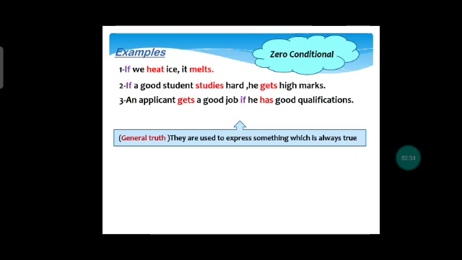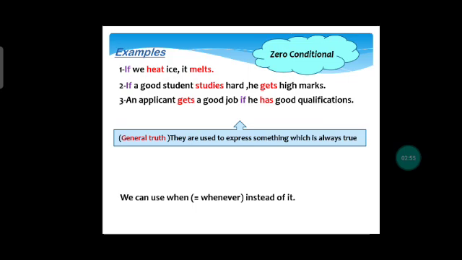As long as we talk about habit or permanent state, we use present simple tense in the if clause and the main clause. An applicant, singular noun, gets a good job if he has good qualifications. So we use zero conditional to talk about, as we said before, general truth.